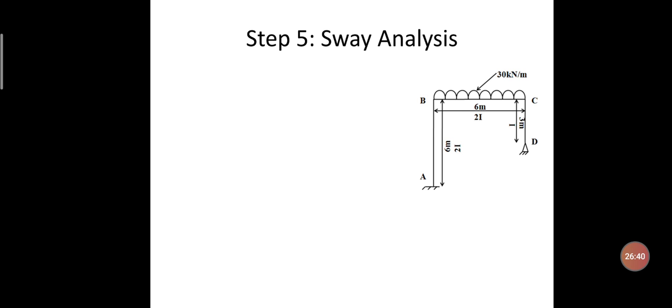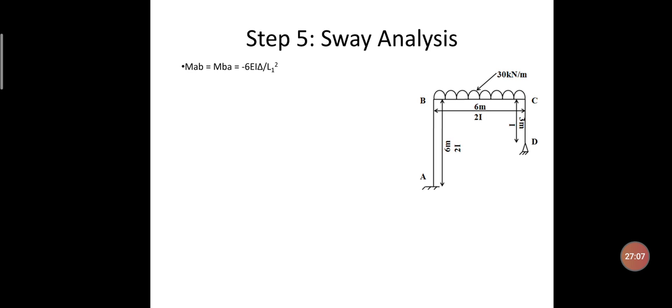The second step is the sway stage analysis. So here MAB is equal to MBA, that is equal to minus 6 EI delta divided by L square. Why? Because A is the fixed end here.